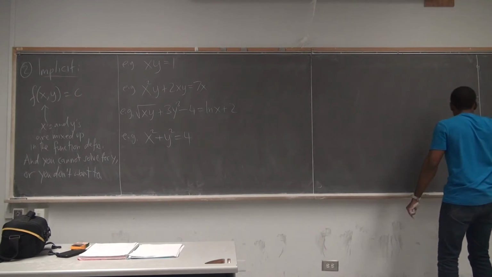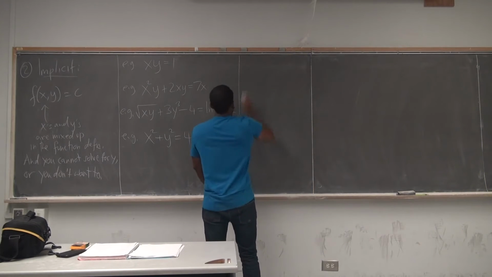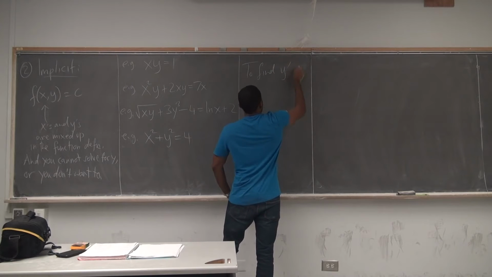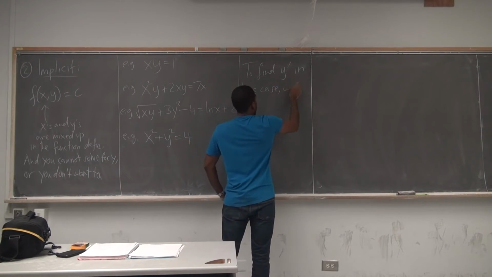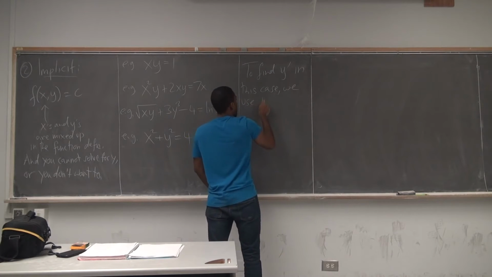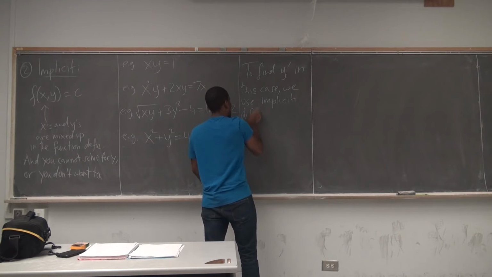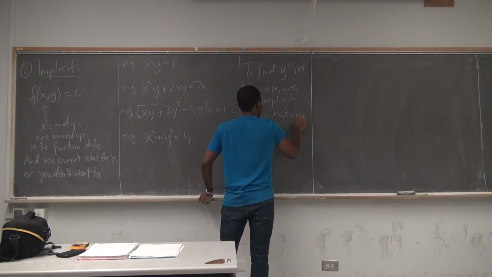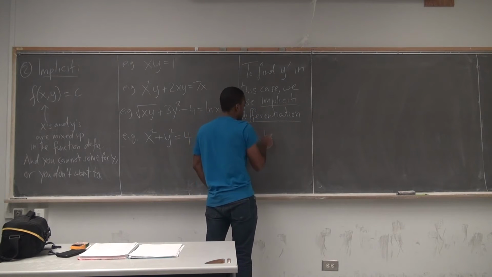Well, we do what's called implicit differentiation. By the way, this takes advantage of the chain rule.